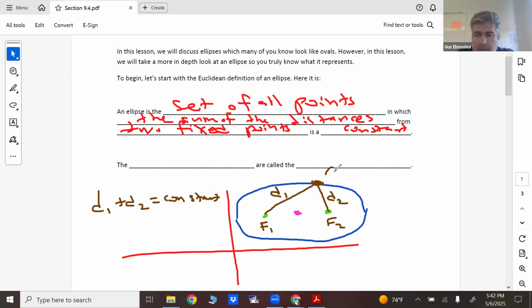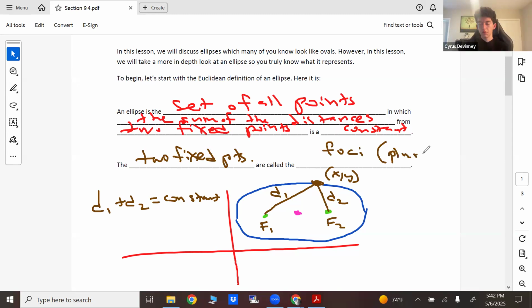But if I take any point on the ellipse and measure that distance to F1 and also to F2 and add up those two segments, they'll always equal the same number, regardless of wherever I am on the ellipse. Doesn't matter. Those two fixed points are called the foci, which is plural for focus.